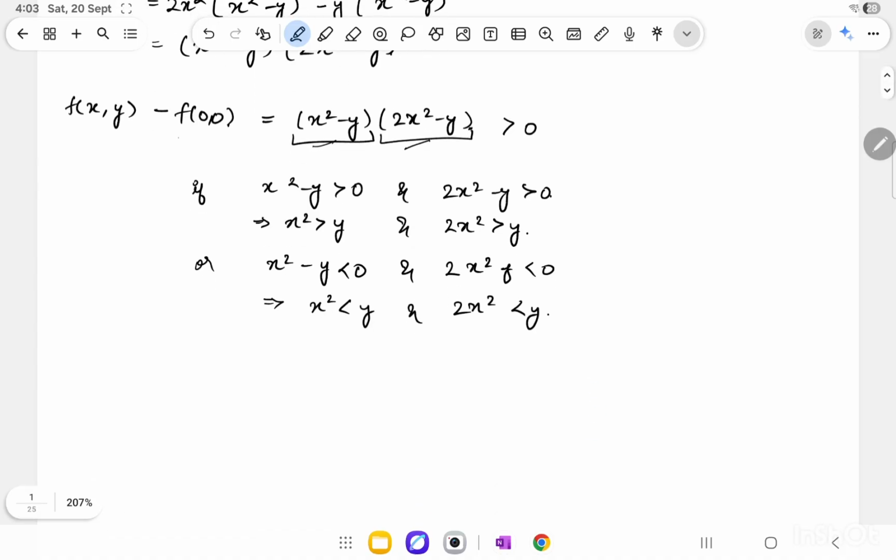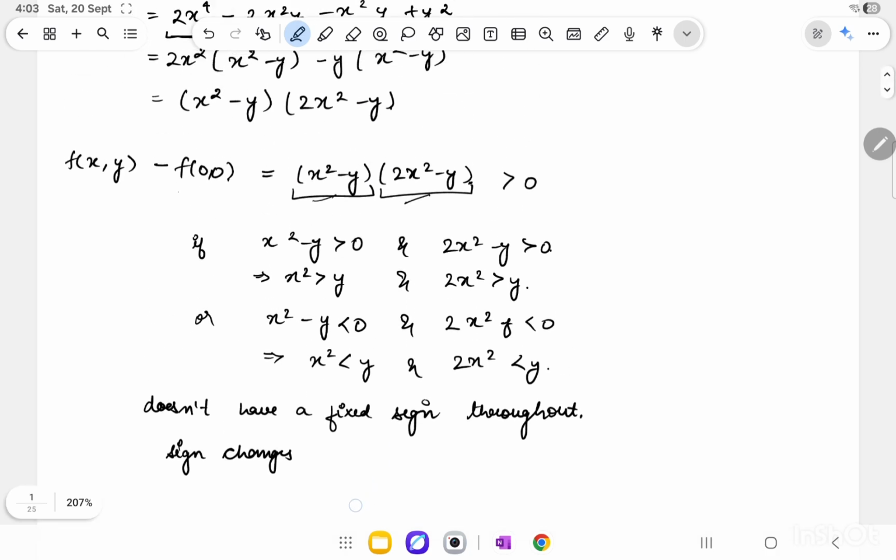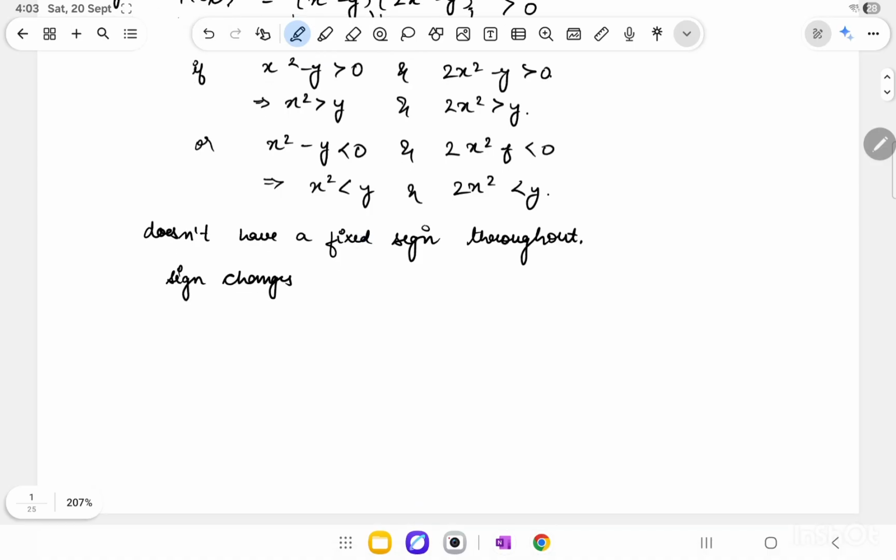So we can say that this thing doesn't have a fixed sign throughout, and the sign changes depending on values of x, y.